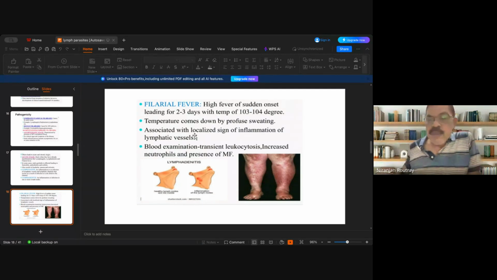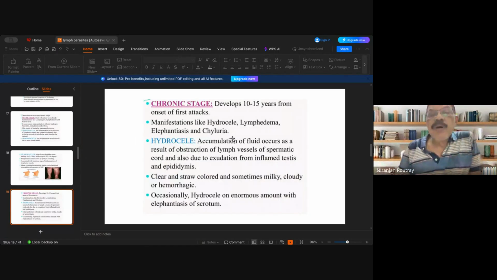Here in this lymphadenitis, you can see the lymph nodes have been infected in the neck region of the human, showing swelling and redness. Now, blood examination shows transient leukocytosis, increased neutrophils, and the presence of microfilaria.